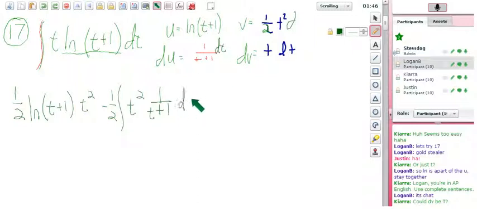So there comes our dt. Now we have to take the integral of t squared over t plus 1 dt.